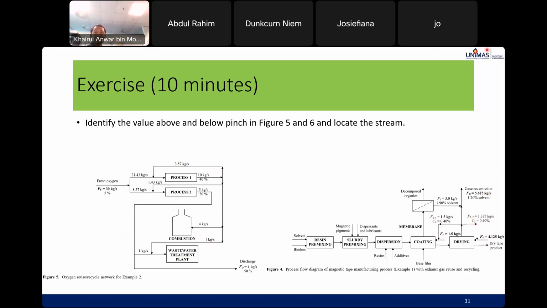Convene at 140. After that is about hydrogen integration. This one is interesting, where they put membrane, they purify the gas and compare two methods of purification.